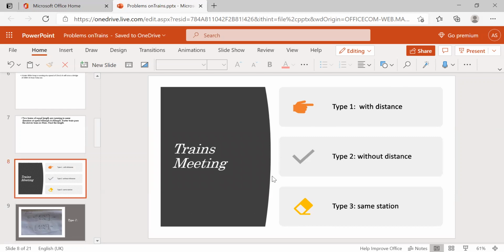Type 3 is the same station: two trains leave from the same station, and they ask when they will cross each other, when they will meet. These types of problems regularly appear in competitive exams.